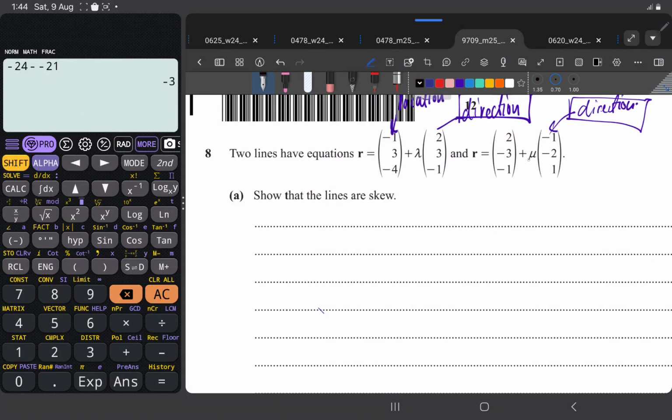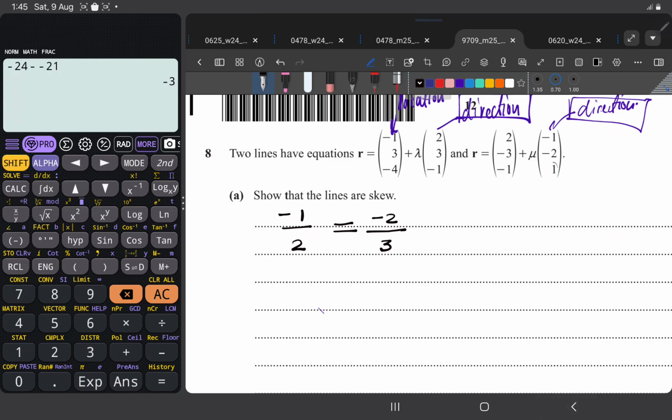So what you're going to do is take a number, for example -1 divided by 2. What is -1 divided by 2? Is this going to be the same as -2 divided by 3? You're going to see that this is not the same. So -1 divided by 2 is not the same as -2 divided by 3.